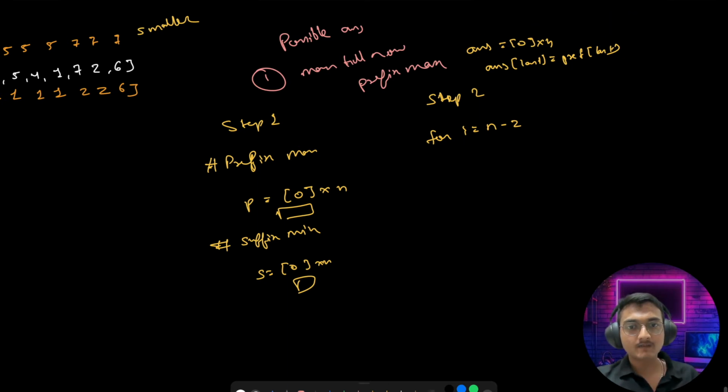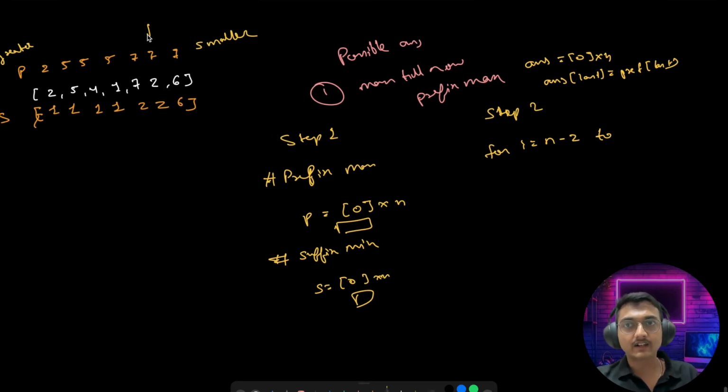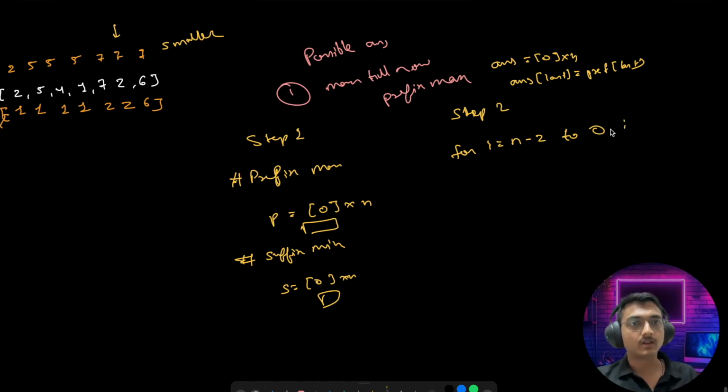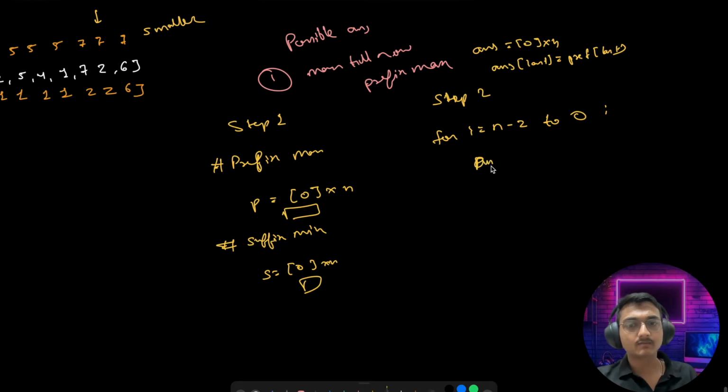Now, the next thing I will be doing is starting from the last second index, and going till 0. What will be my answer? My first possible answer is answer of i, which would be prefix of i, the highest maximum till now. What will be my second answer?